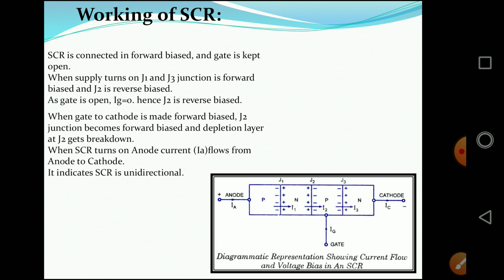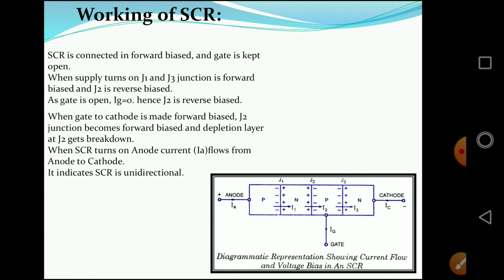But practically, when we use forward anode to cathode voltage for breaking down the J2 junction, the current increases, and the increased current raises the junction's temperature, which is harmful for practical applications. This way of turning on the SCR is also time consuming, because we need to increase the anode to cathode voltage a lot, so it takes more time to turn on.